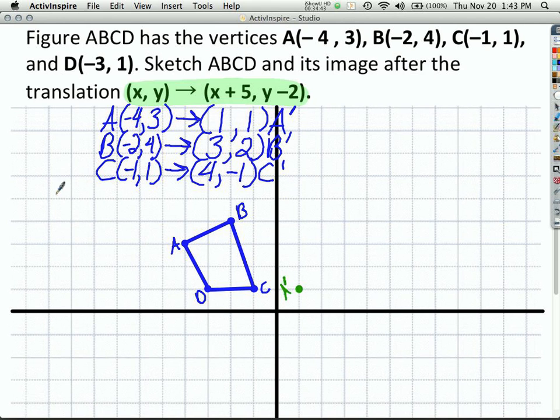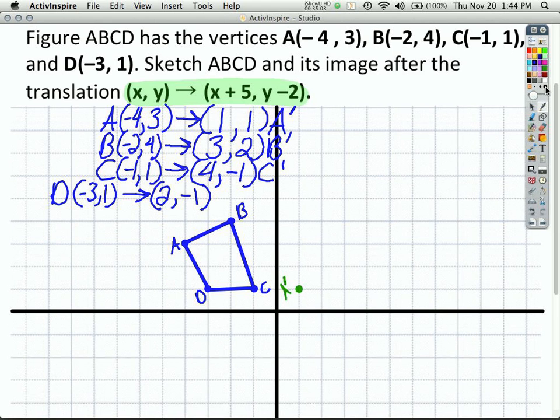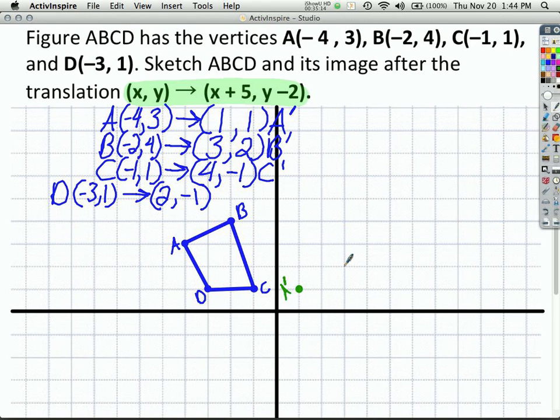And point D, I'm going to move over a little bit so I can fit it in. Point D is -3, 1. And that's going to transform into add 5, we get 2. Subtract 2, we get -1. And that will be called D prime. Plot all the points. 3, 2. 4, -1.